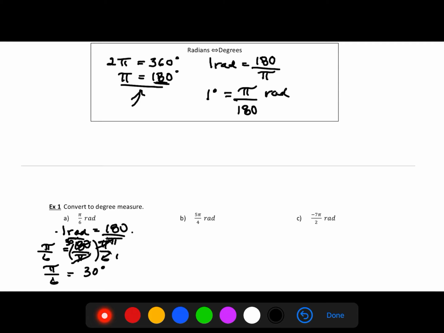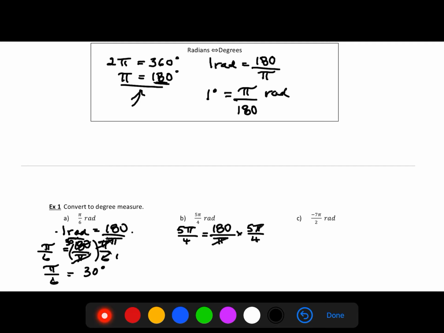Same idea over here. If we know that 1 radian is equal to 180 over pi, we're going to measure 5 pi over 4 by taking 180 over pi and multiplying by 5 pi over 4.